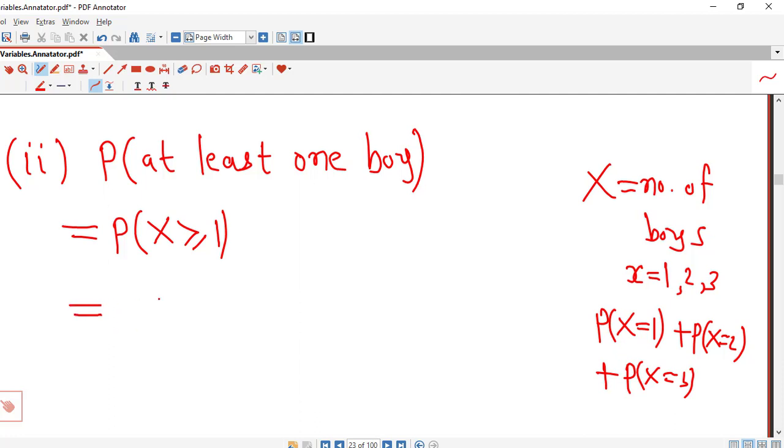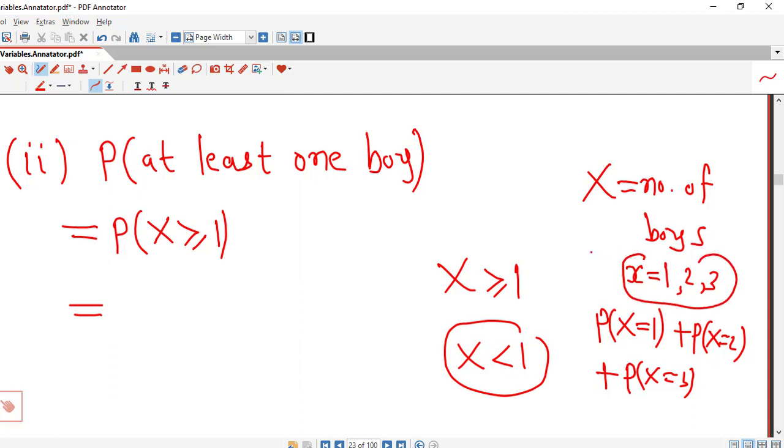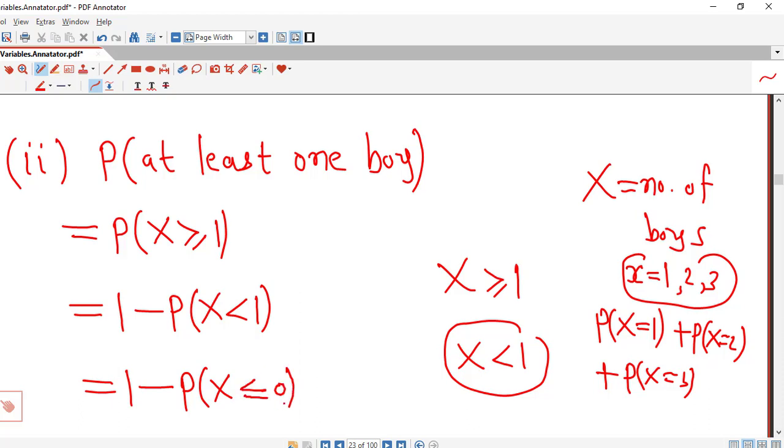Or we can use the concept of complementary event. The event which is complementary to this event is probability that X is less than 1. The probability of at least 1 boy has complementary event probability that X is less than 1. That means there are 0 boys. So this we can rewrite as 1 minus probability that X is less than 1, and the possible value is X less than or equal to 0.